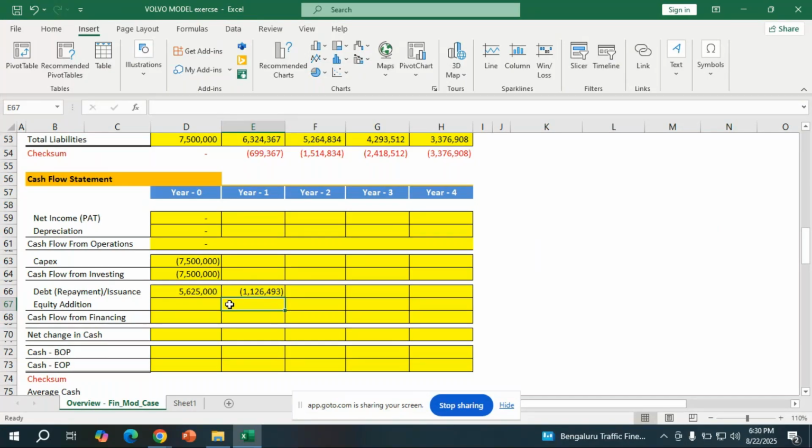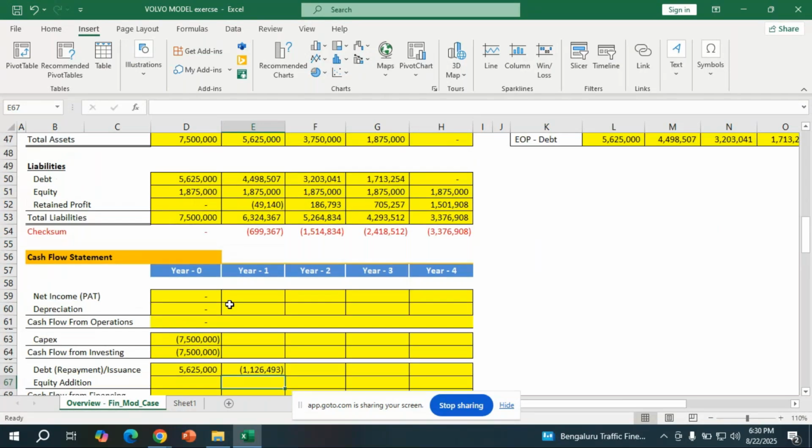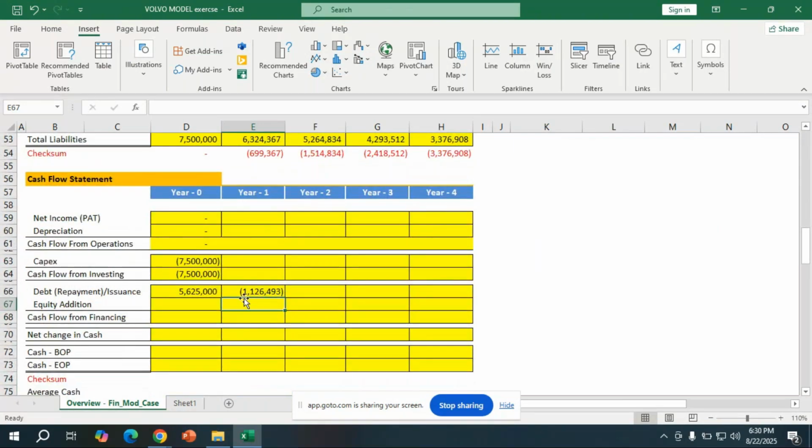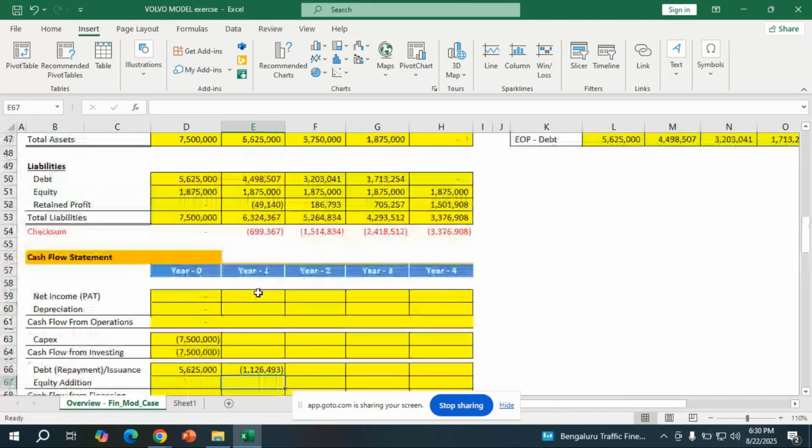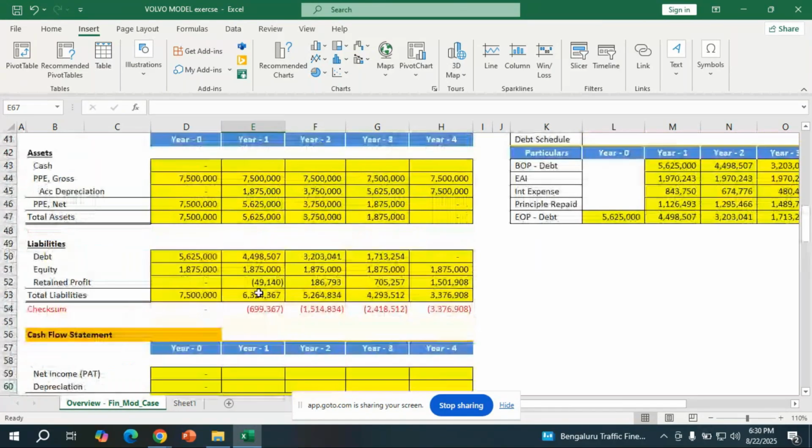Ma'am, can you explain again how do we get year one debt repayment? Yes, ma'am. Year 1 debt repayment is nothing but now in year 0 we obtained a loan of 56 lakh 25,000, right? Now out of the 56 lakh 25,000, we are going to repay 11 lakh 26,493 in year 1. So your remaining amount of debt is how much?